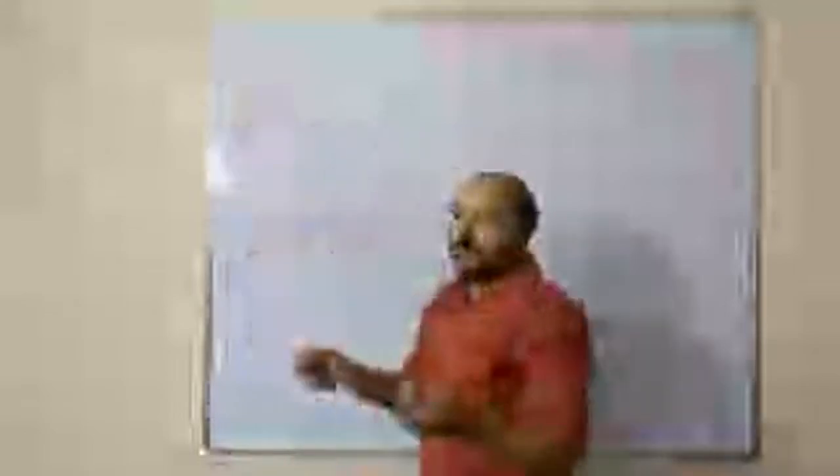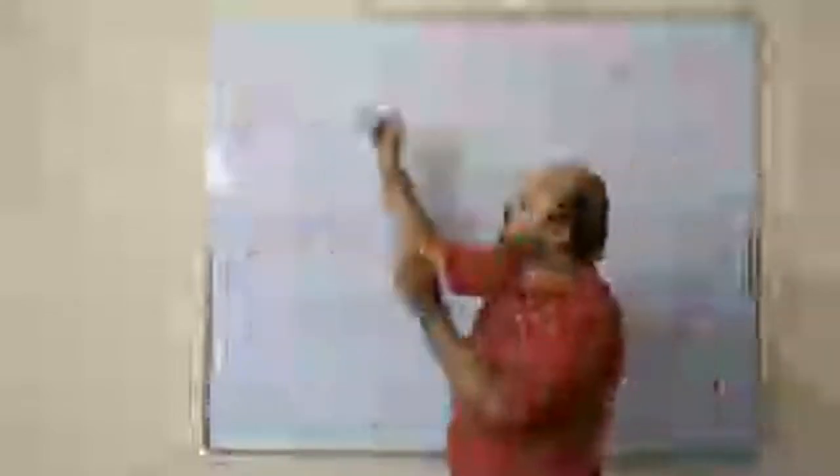Sum of the roots, alpha plus beta, I am writing. Alpha plus beta is equal to minus b by a. A value 1, b value minus p, c value c minus p. So minus b by a means p, and alpha beta is equal to c minus p. Okay. Alpha plus beta value and alpha beta value we got from the given quadratic equation. Sum of the roots, product of the roots.